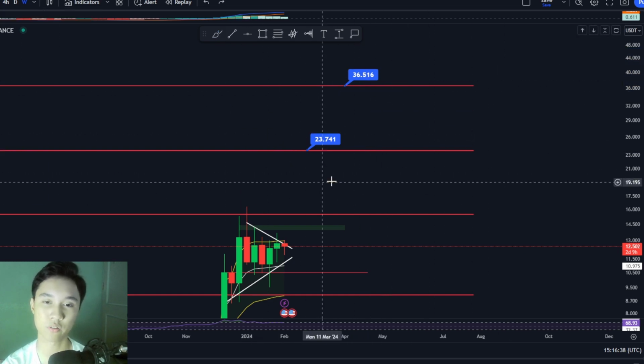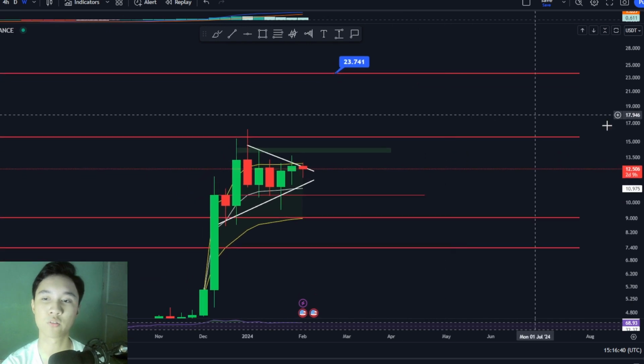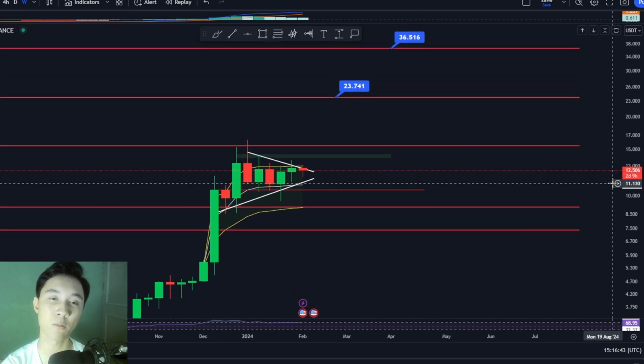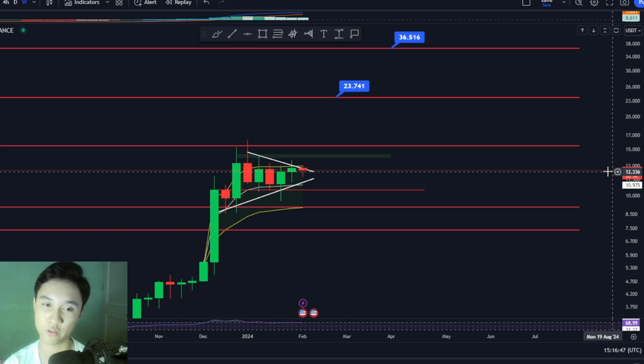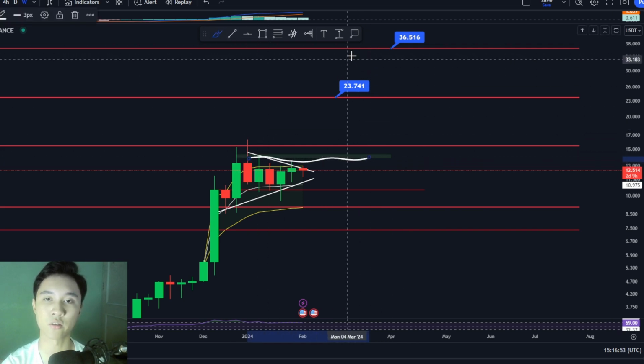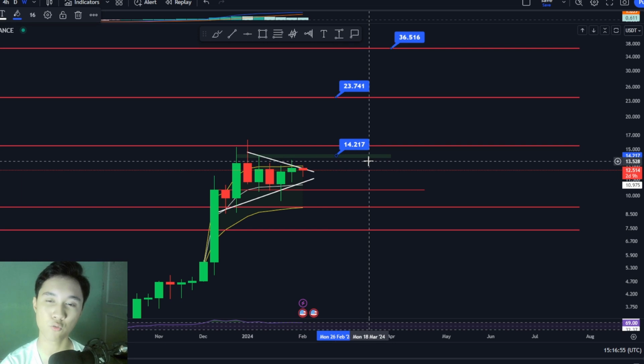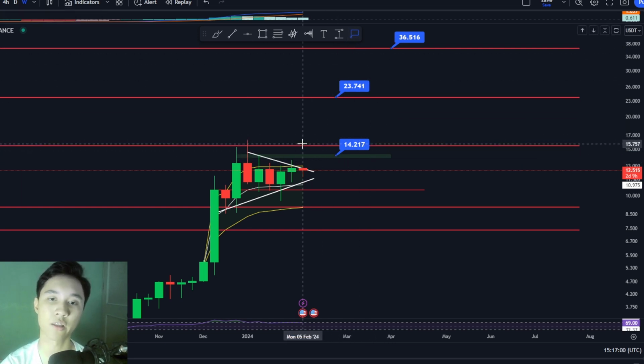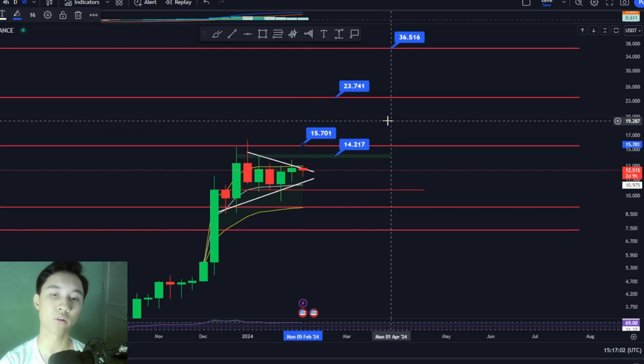For that to happen, we still have to see ICP take out a couple of resistance levels, some minor and some major. We have to take out resistance right here at around $14.2, and then ultimately the next resistance at $15.7.